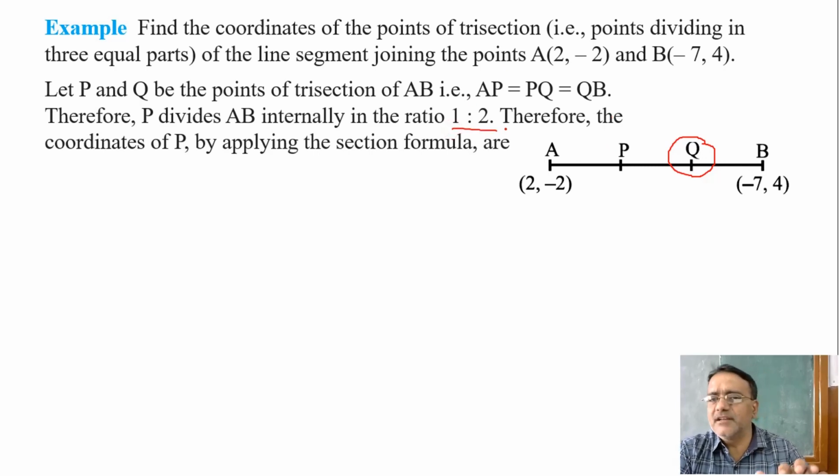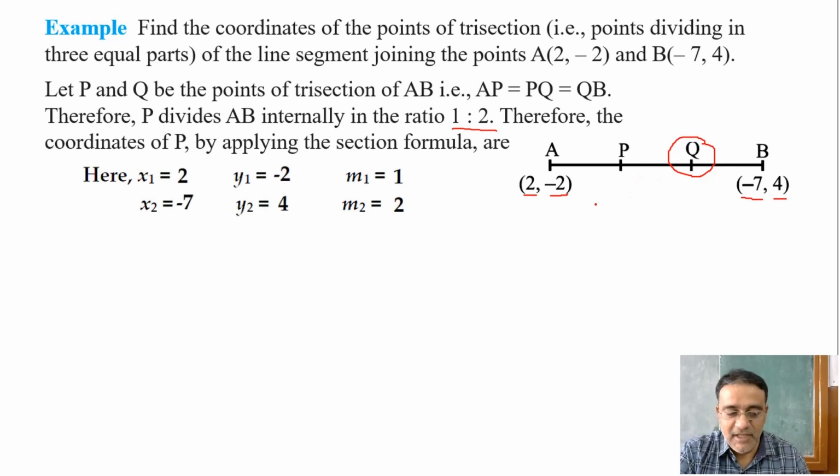I'm going to find the value of P, that is why I took P first. So what is the value of x1 here? 2. y1 is -2. x2 is -7. y2 is 4. And what is m1? 1. m2 is 2.